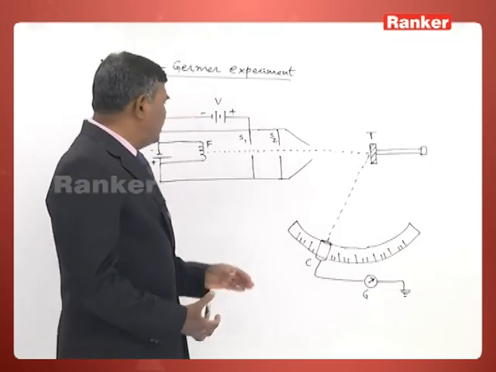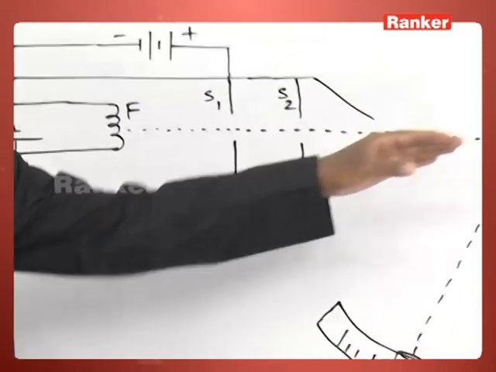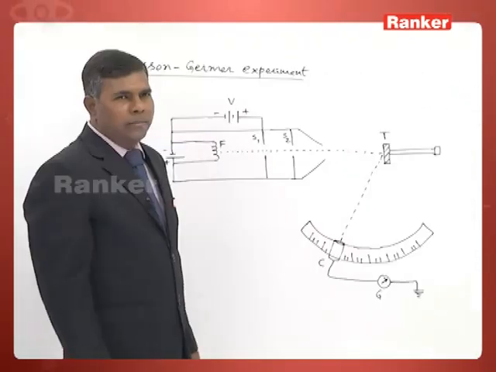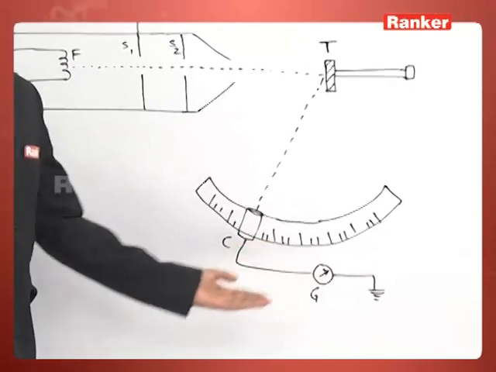Now once this electron beam is emitted by the filament, it is made to be incident on the nickel target and it gets deflected. We observe the electron beam by noting the reading in the galvanometer.